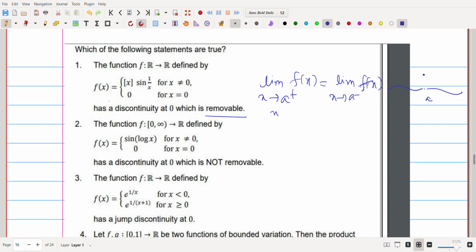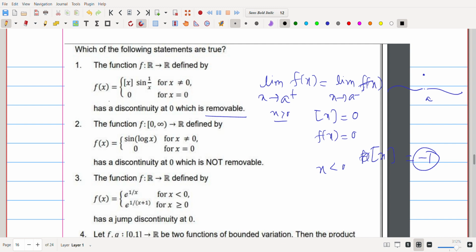As x is greater than 0 and close to 0, box x is equal to 0. So fx equals 0 when x is near 0 but positive. But when x is negative, box x is minus 1.